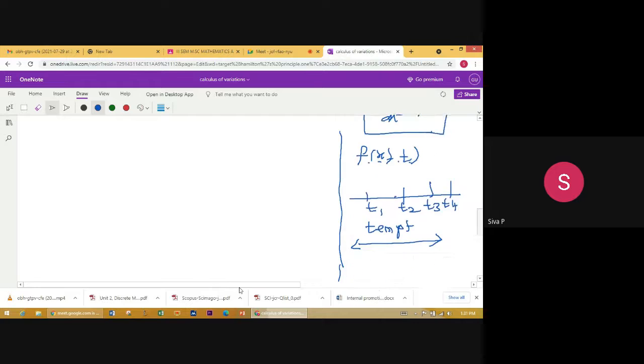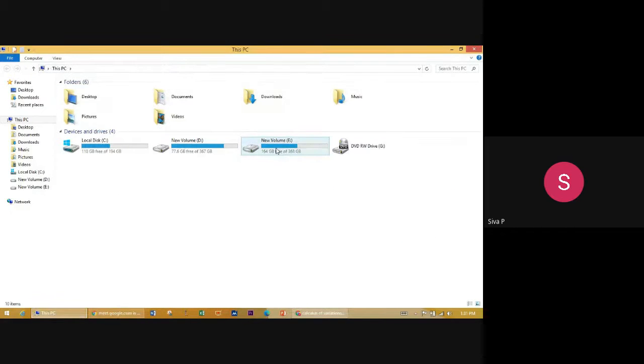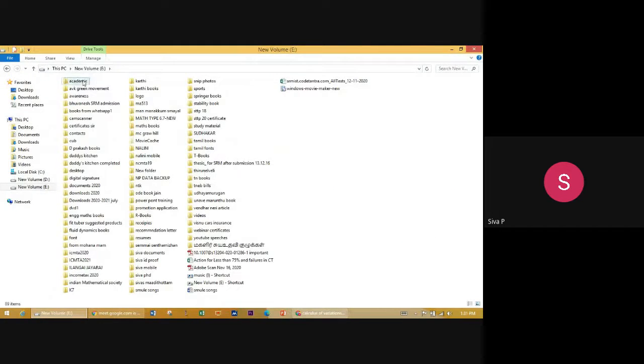Then one important principle is there: it is independent of path in a vector space. It is independent of path. Is it possible to remember this?